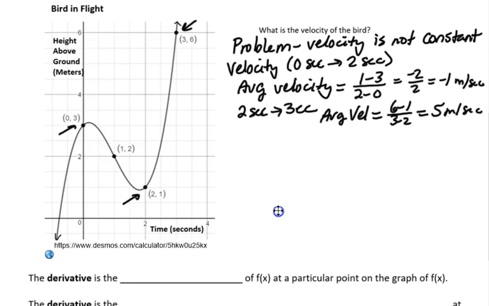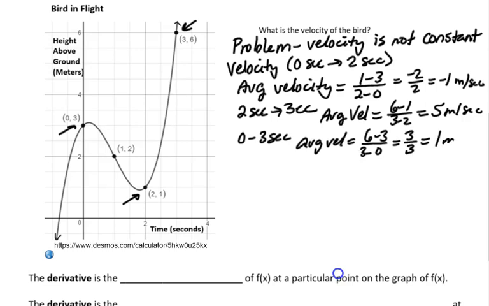So in one place it's going negative 1 meters per second, another place it's going 5 meters per second, or maybe I could look at the overall average from 0 to 3 seconds and say the average velocity is equal to 6 minus 3, that's the change in distance, over 3 minus 0, that would be 3 over 3, or 1 meter per second.